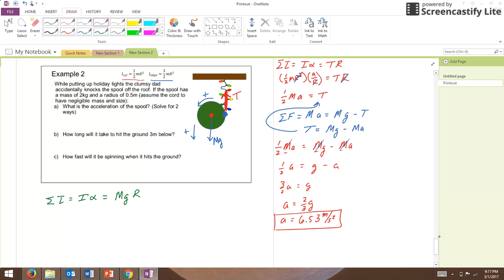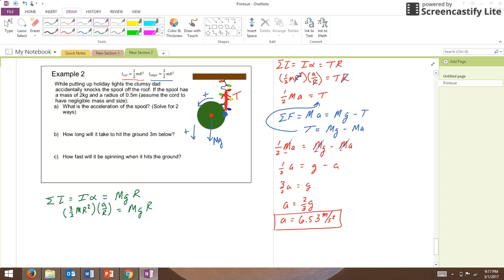So it looks like that. Then we substitute in the I for around the edge, which is 3/2 m r squared, times a over r. Make that same substitution there.